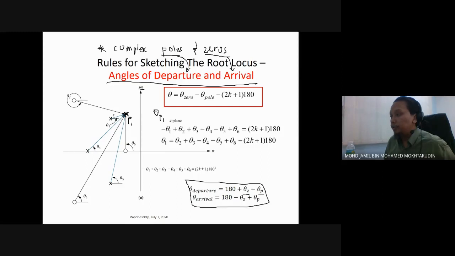To find the angle p1, first we calculate the angle from all zeros and poles, meaning the lines from zeros and poles that intersect with this P1. So first, from this X, we create a line that connects this point and P1. And then we find this angle. So we get theta 1.